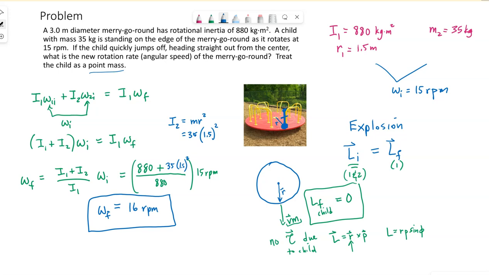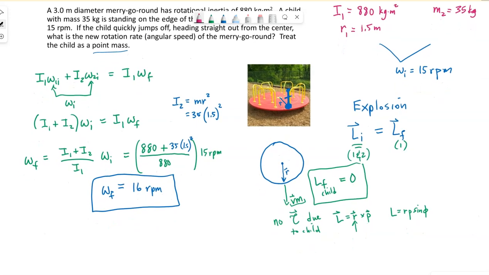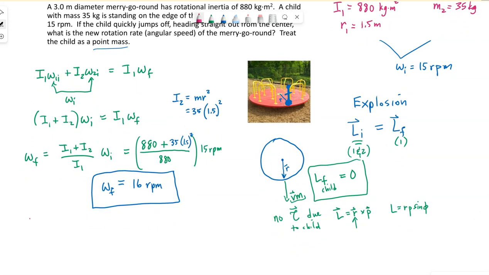Now, I do want to make one side note because I always see students doing something like this. I have given a problem like this before, and what I've seen done is students will take the 880 to find the mass of the merry-go-round, and then to add the child back on, they find essentially an M1.